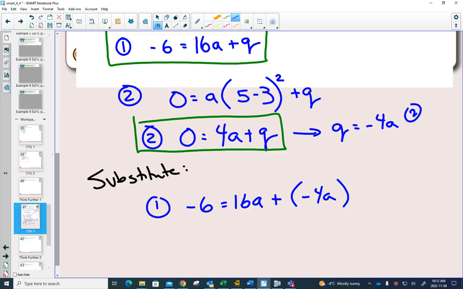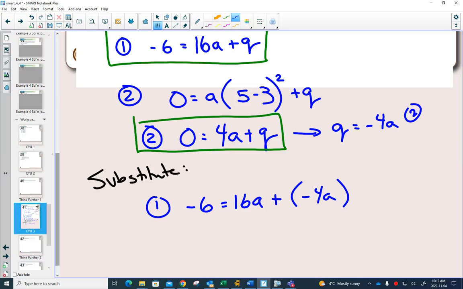Because then you will find some very interesting results like, oh, did you know that 0 was equal to 0? And then you're stuck. You're like, how does this help me? Because can you see if you plug this back in, you'd get 4a minus 4a. It would just go away and you'd be like, how do I solve for a? My a's went away, and I have 0 equals 0. You can't substitute back into the same equation you first got the letter by itself. You have to substitute into the other one.